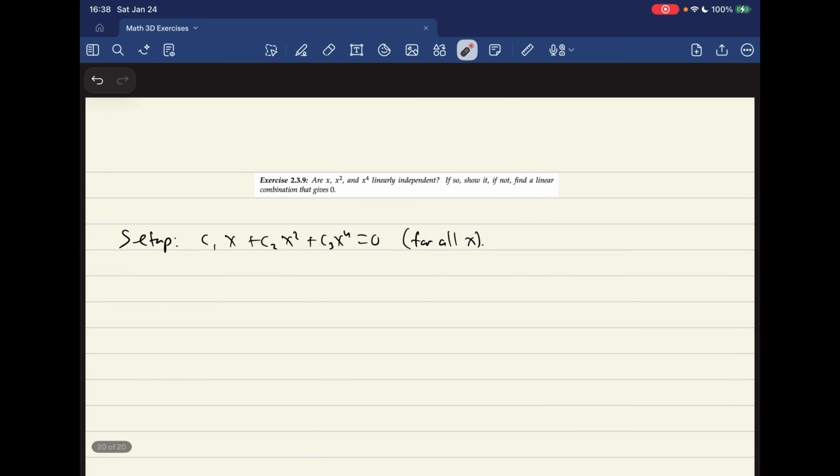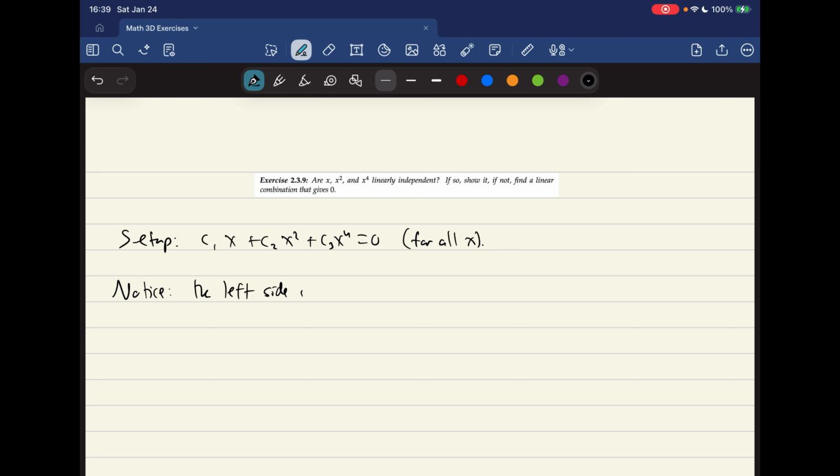But I'm going to introduce to you guys another way to think about this specific problem, because all of these are polynomials, and this is going to be useful for an observation. So notice first that the left side is a degree 4 polynomial. Right?